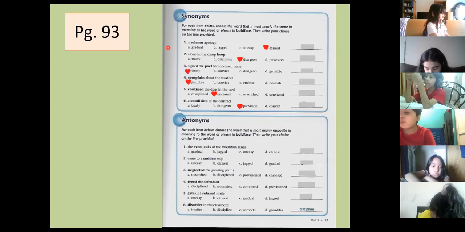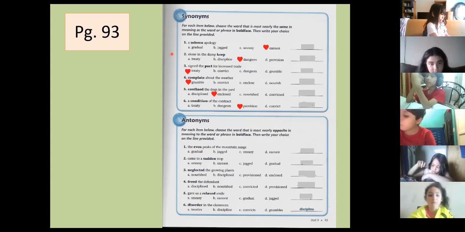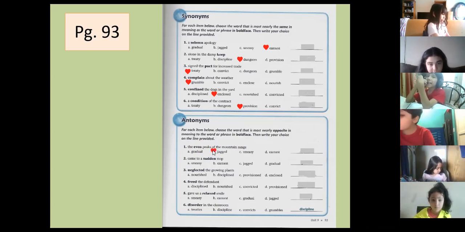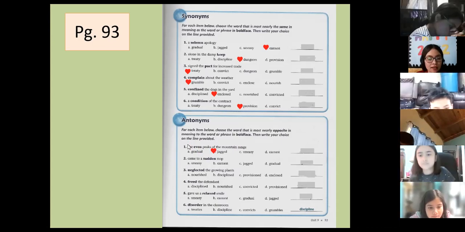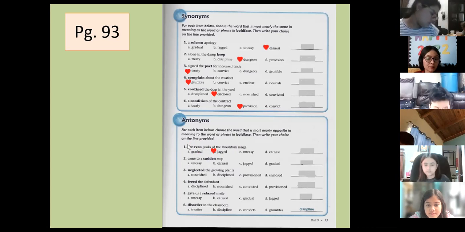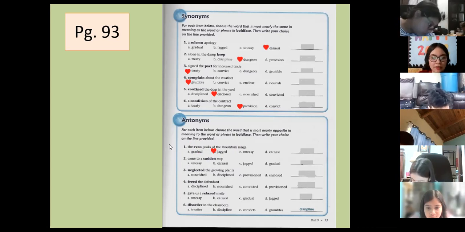Easy. No. Letter B, that's right, letter B. Remember the Jack? What was Jack, class? Uneven. It's the contrary. We can say uneven is the same as Jack, but even is the contrary. The peaks of the mountain, it means that they don't have a good shape.